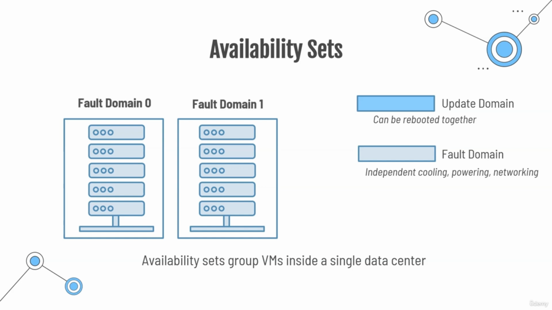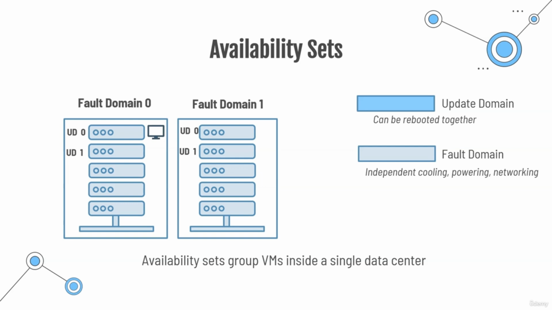So let's have a look at how this would look like in practice. We have maybe fault domain 0 and fault domain 1. We also have update domains, and note that these can overlap, so we don't exactly have control over how this looks like in the Azure data center.